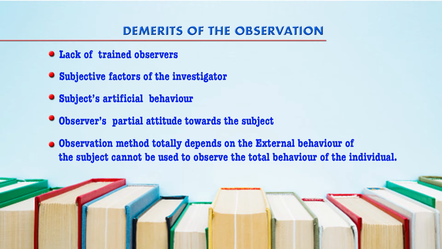We are not studying the inner self or inner behavior of an individual, only whatever he is showing us. It is all external. So definitely this method lacks reliability and validity. And the behavior he is executing now cannot be repeated at a second instance. This is also one of the demerits: it lacks repeatability. You cannot repeat the same behavior again and again.